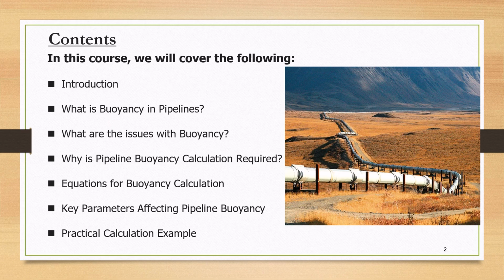So we will understand what is buoyancy in pipelines. Then what are the issues with buoyancy? Next, why is pipeline buoyancy calculation required? Then equations and steps for pipeline buoyancy calculation. Then key parameters affecting pipeline buoyancy. And finally, mitigation steps, and we will perform one example calculation to understand how to perform this pipeline buoyancy calculation.